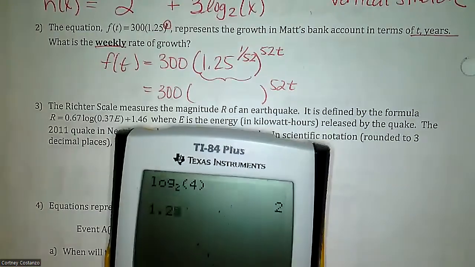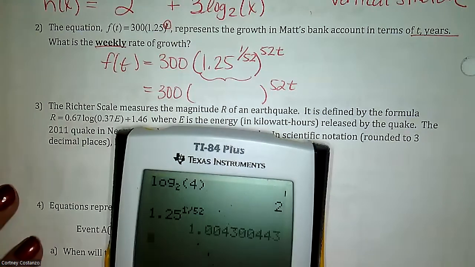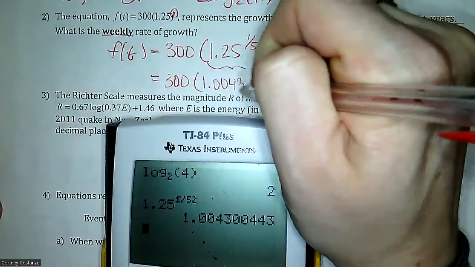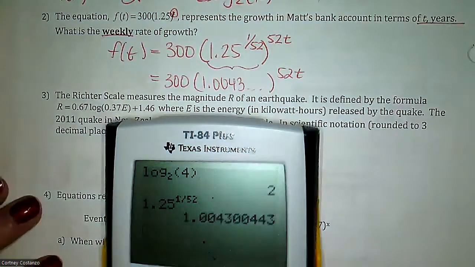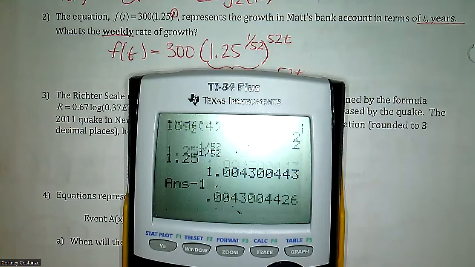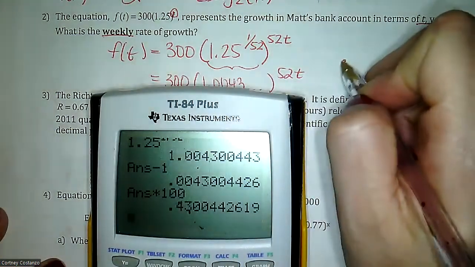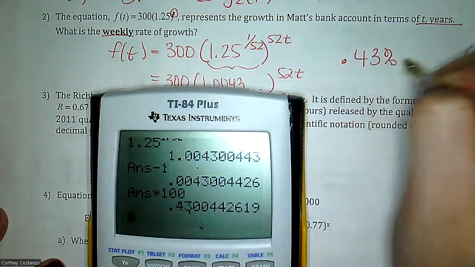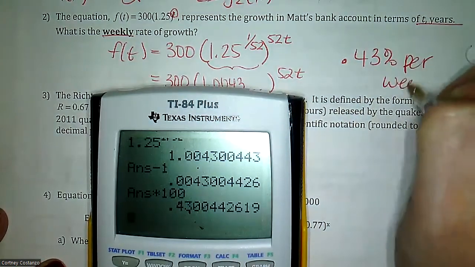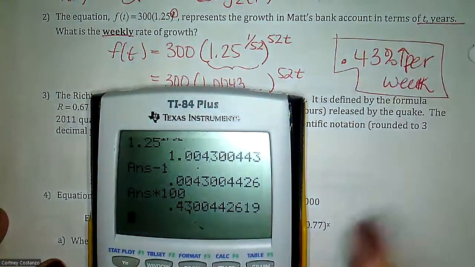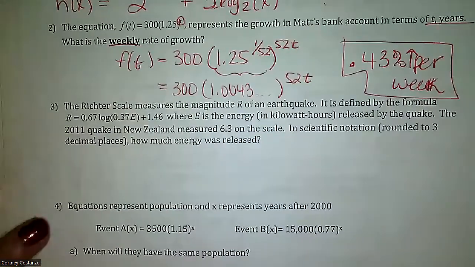So 1.25 raised to the 1/52nd, 1.0043. If I convert that, so minus 1 times 100, converted to a percent, it would only be growing about 0.43% per week. Growth per week is how much that would be growing based on that equation.